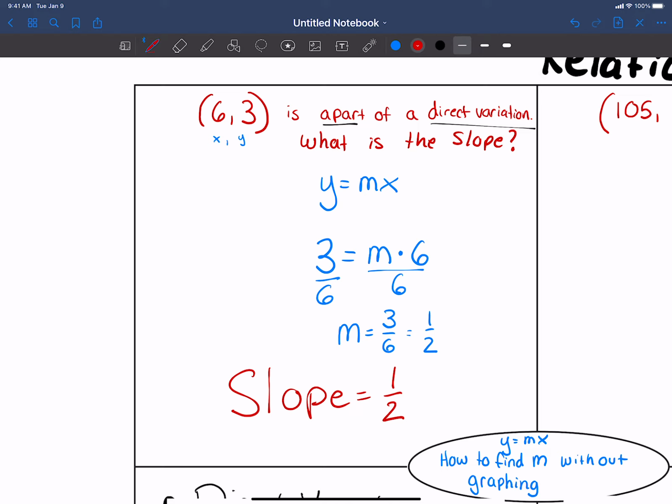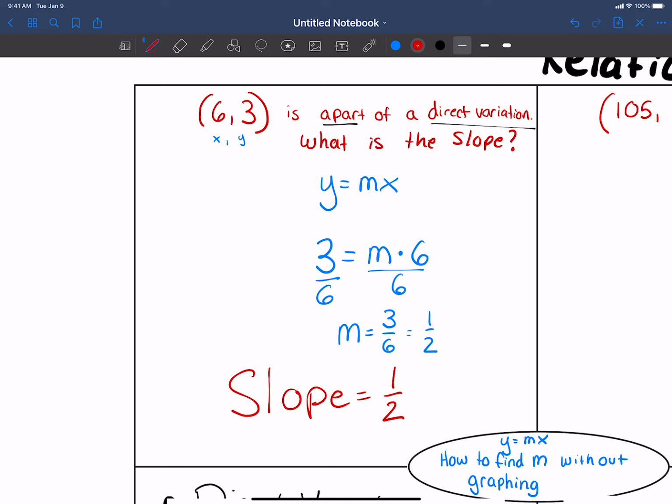Okay, once again, if it says that they are directly proportional, didn't my definition say that direct variations are proportional? Which means what equation will I be using? y equals mx. Why no plus b? Because b equals 0, which means it's a direct variation that goes through the origin. Ta-da!